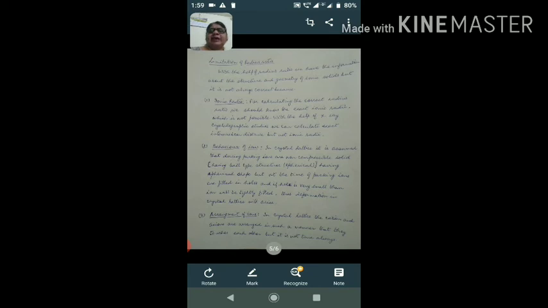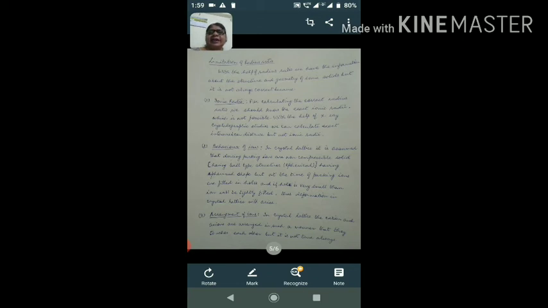Behavior of the ions. In crystal lattices, it is assumed that during packing, ions are non-compressible solids having a spherical shape. But at the time of packing, ions are fitted in holes, and if holes are very small, then ions are tightly fitted. Thus, deformation of the crystal lattice arises.